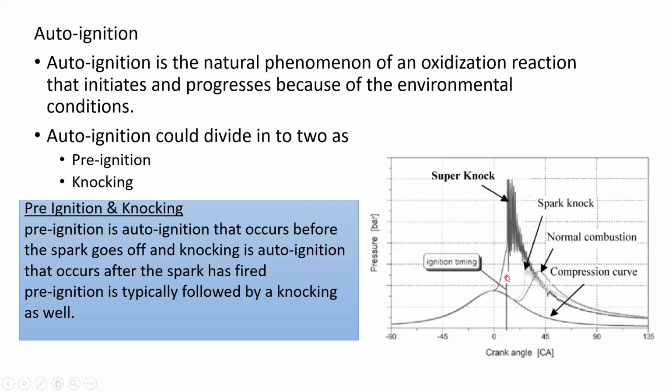But if you look very carefully, you should be able to see the knocking. This is how the knocking looks if you measure how the pressure changes. This is not what we actually need.